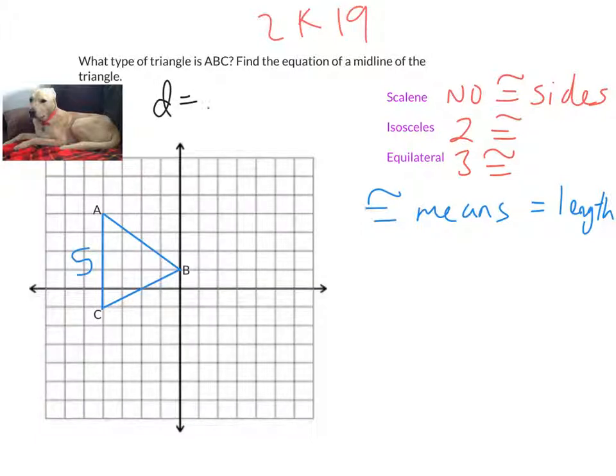D is equal to the square root of x2 minus x1 squared plus y2 minus y1 squared, and that's all under the square root. So I can use that formula to figure out my length of AB and my length of BC. Well, let's go ahead and do that.